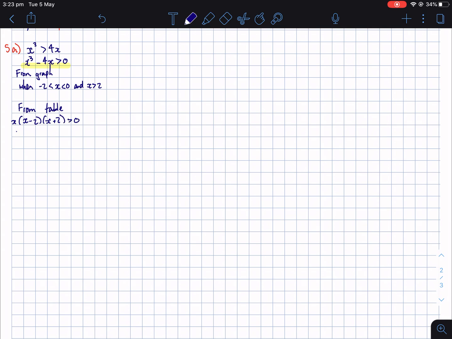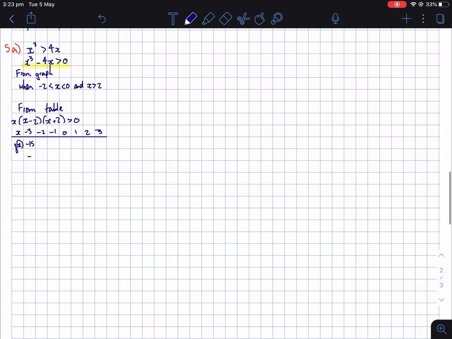So we would have had x and f of x. We know we're minus 2, 0, 2. So we would have tried minus 3, minus 1, 1, and 3. Okay, let's do it. Negative 3, bracket, negative 3, take 2, negative 3 plus 2. So that's negative 15. So it's negative.